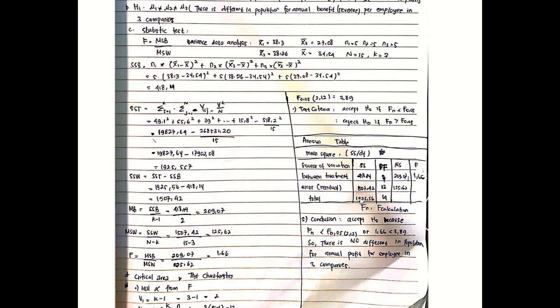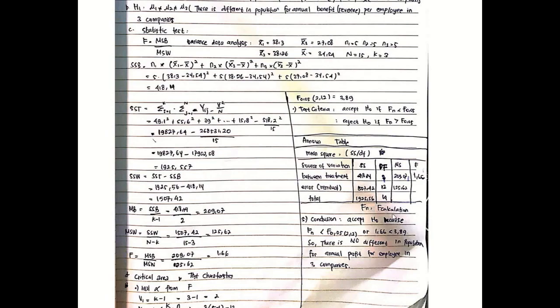For the error or residual, SS is 1507.42, df is 12, and MS is 125.62. And for the total, we got it here.